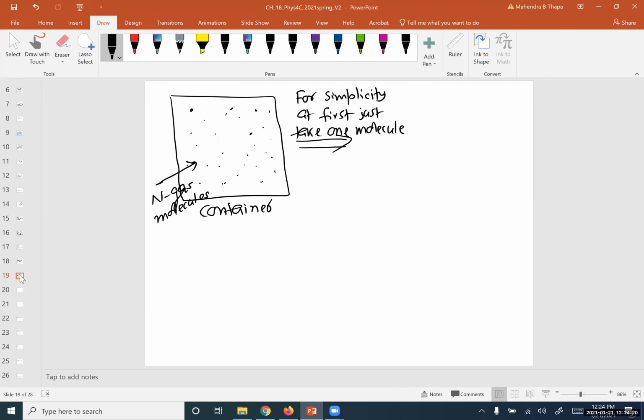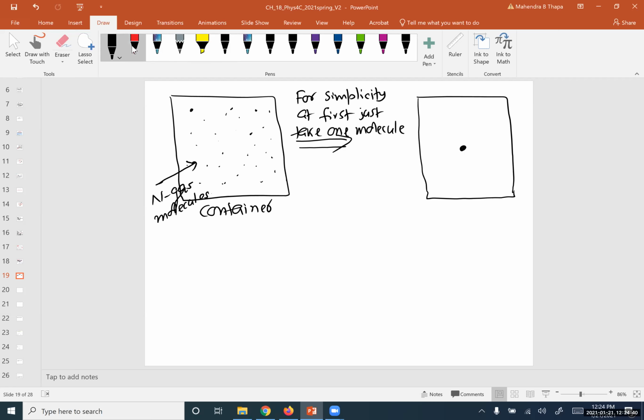Okay. This means we are saying that this container now has just one molecule over here.